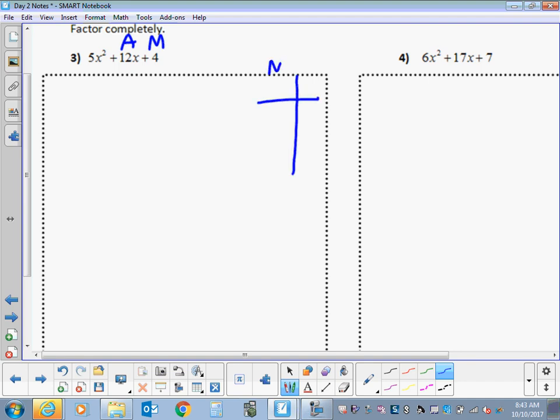My t-shirt is MA. 2 numbers that add and multiply, multiply, add. We've been swinging whatever's in front of our x squared. So what is 5 times 4? So I need 2 numbers that multiply to give me 20. Do we understand where the 20 came from? Okay. And I need 2 numbers that add to give me what? 12.